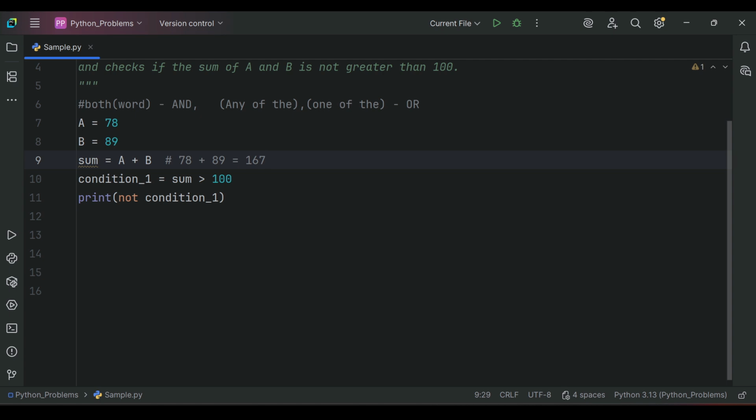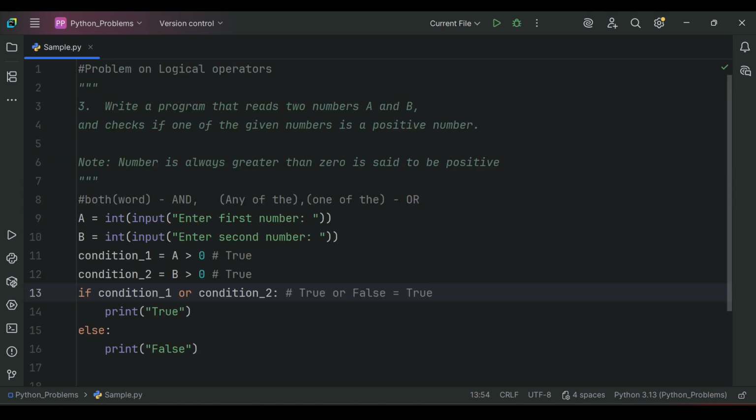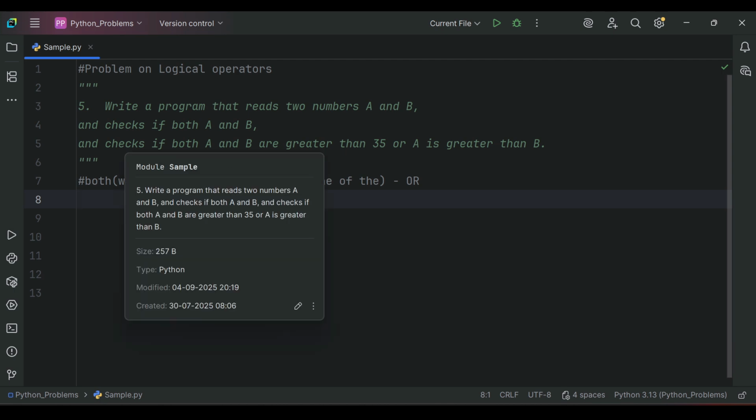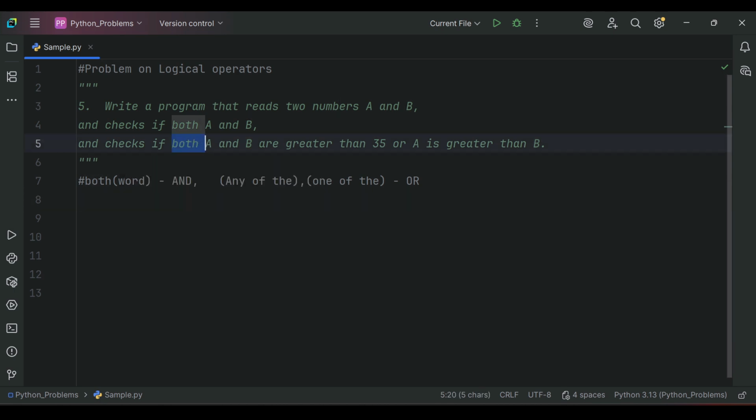Next we have to see another problem. Now we see the fifth problem. See friends, first read carefully. Write a program that reads two numbers a and b, and checks if both a and b are greater than 35, or a is greater than b.